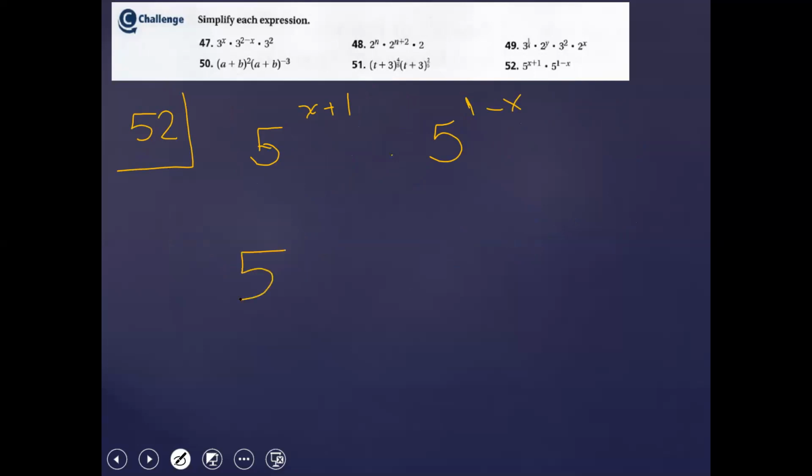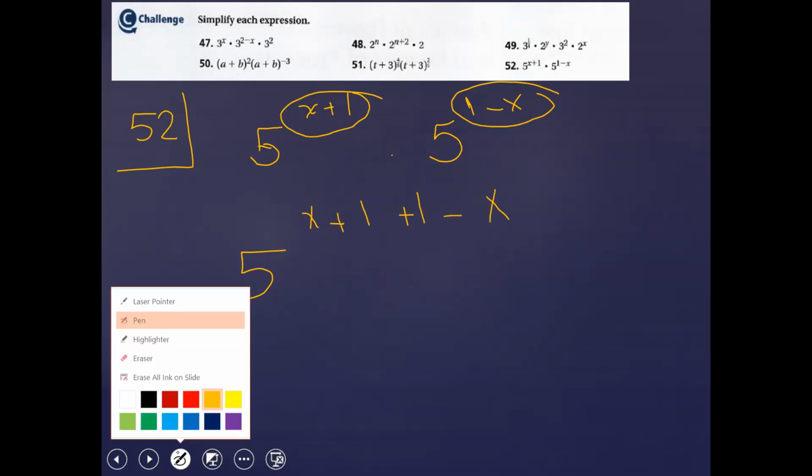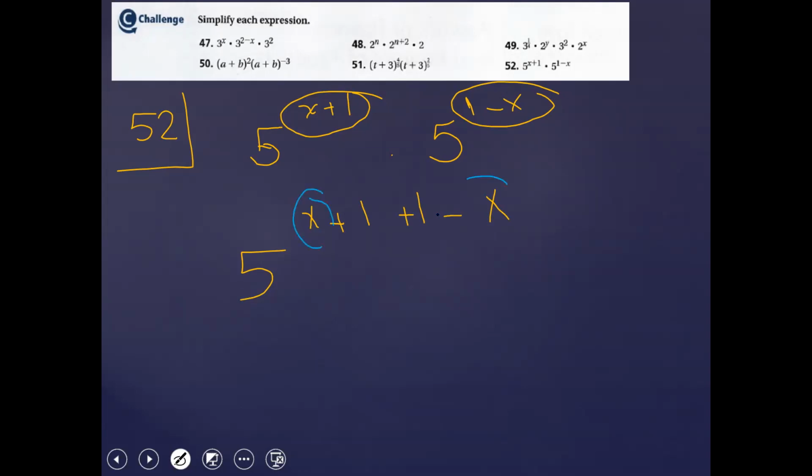Yes, it is 5. Then I will add the powers: x plus 1 plus 1 minus x. The first step is to simplify. Look at x here, and here, minus x. So they cancel each other. So it will be 5 squared, which is equal to 25.